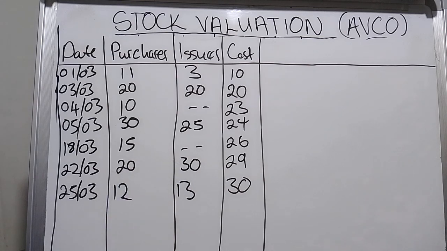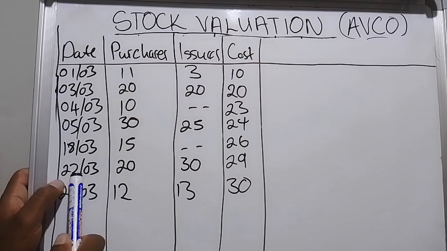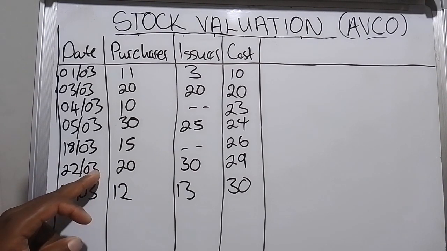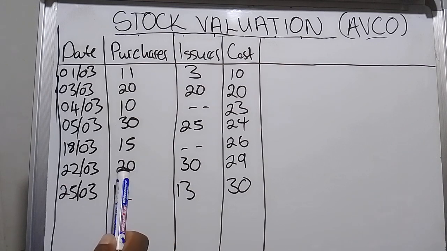Maybe on the 22nd of March, we purchased 20 items, then we also sold 30 items. It means there was a negative movement of 10 items, and when we are doing the Avco method, we don't change the average cost price of our stocks because of a negative movement. That's the other thing.